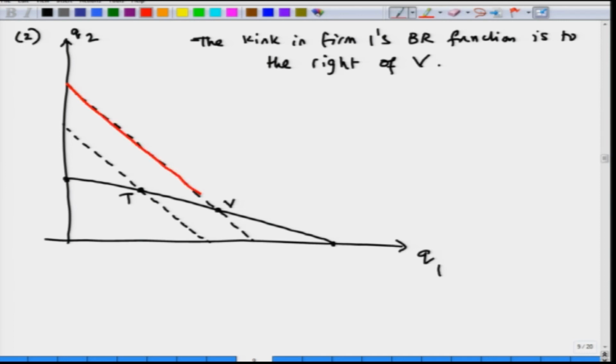So, it follows all the way till here and let us say the K1 bar is here. So, this is the best response function of firm 1 and this is the best response function of firm 2 and my K1 bar essentially is here, right.